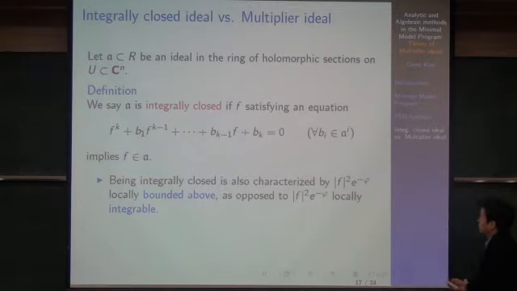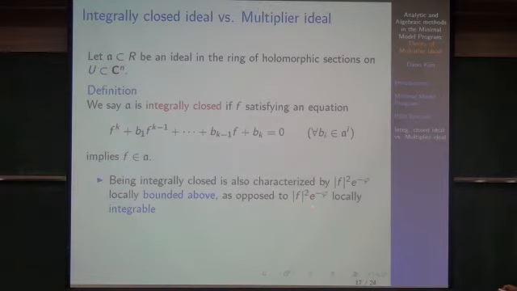And this algebraic notion of integrally closed is actually also characterized by these analytic conditions. So before, when you define multiplier ideals, you are thinking about this quantity locally integrable.